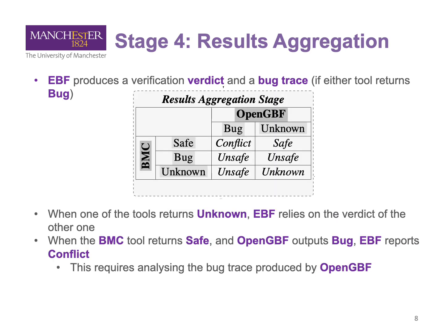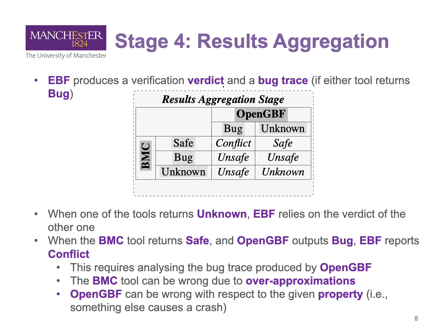The decision table for the final verdict is relatively straightforward. When one of the tools returns unknown, EBF relies on the output of the other tool. However, when the BMC engine returns safe and OpenGBF outputs bug, EBF reports a conflict. This means that further analysis of the bug trace produced by OpenGBF is required.